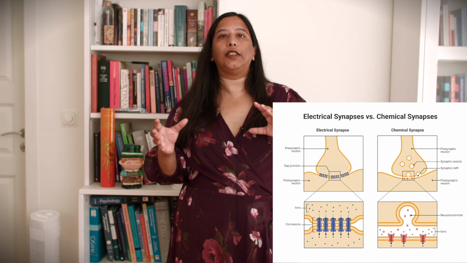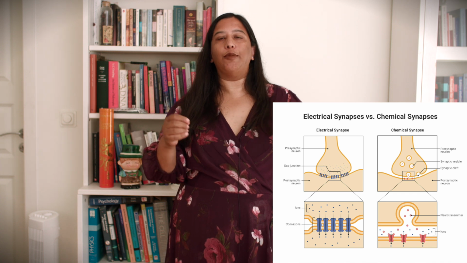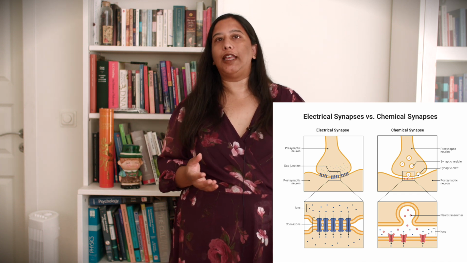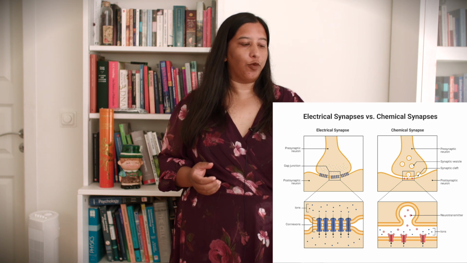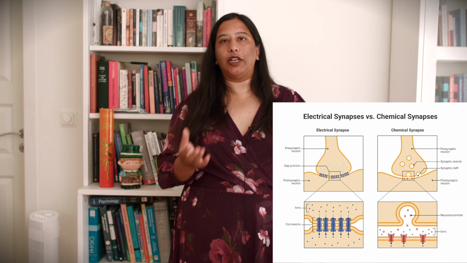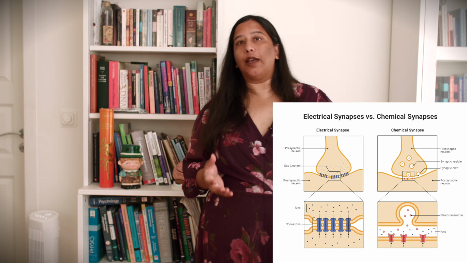Synapses are the places where neurons contact one another. And by the means of synaptic transmission, they communicate with one another. Synapses can either be electrical or chemical. Electrical synapses are fast synapses.